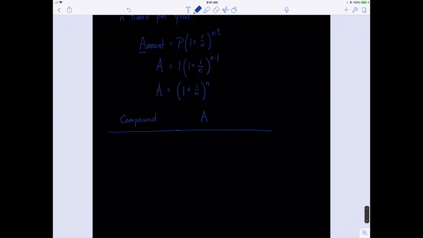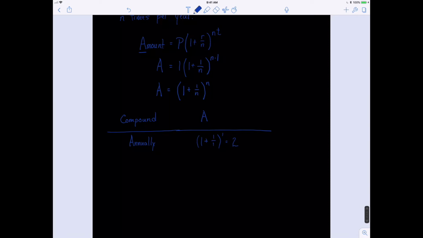So here we go. Let's start by compounding annually. If you compound annually, that's just once. So A is going to equal 1 plus 1 divided by 1, raised to the 1. Well, that's simply 2. That's not too bad. I can handle that one.